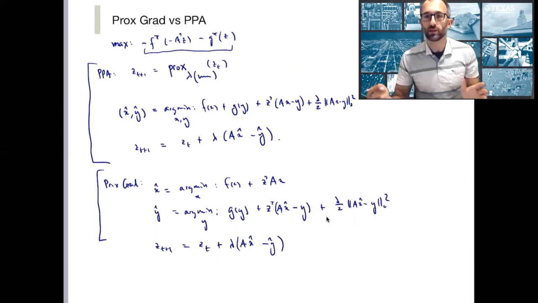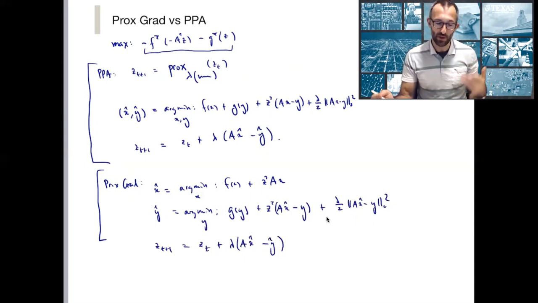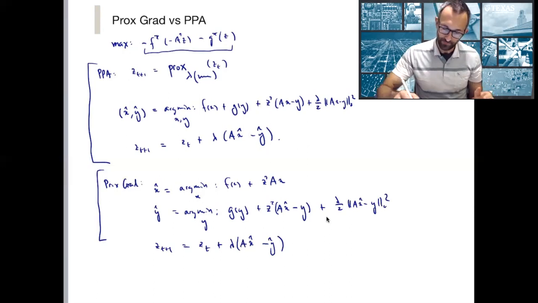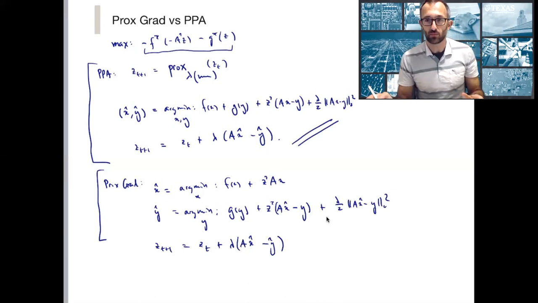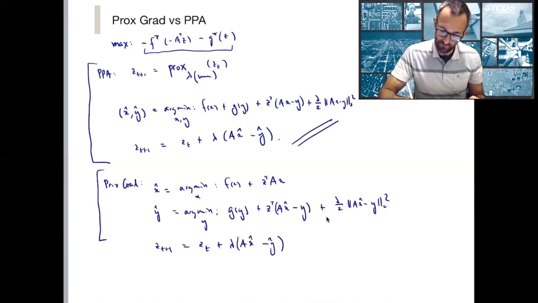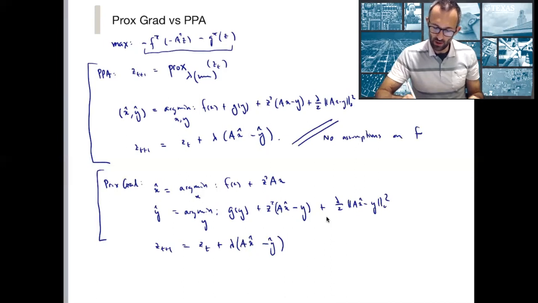So why don't we always use proximal gradient in the dual? Why would we ever think about using the proximal point algorithm? The key point is that we've made no assumptions on f, whereas in this setting, this especially makes sense.